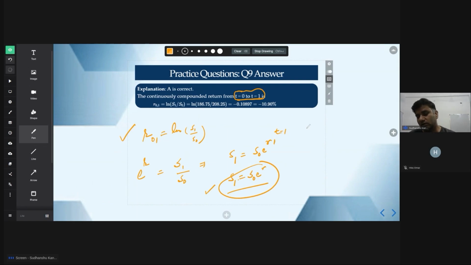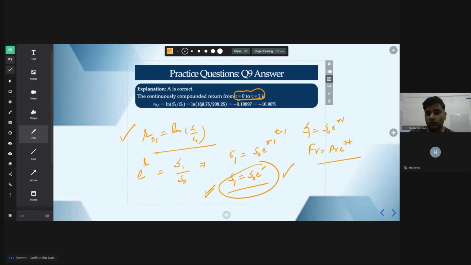The formula is S1 equals S naught e to the RT, or your future value equals your present value times exponential RT. Both are the same formulas. You can solve by this method also. That is the beauty of mathematics: you can apply any method and reach the same place.